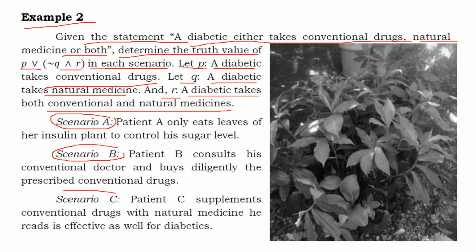For scenario C, patient C supplements conventional drugs with natural medicine he reads is effective as well for diabetics. So for scenario A, patient A is for the natural plants. Scenario B, the prescribed conventional drugs. Scenario C is the combination of the natural medicine and the prescribed conventional drugs.